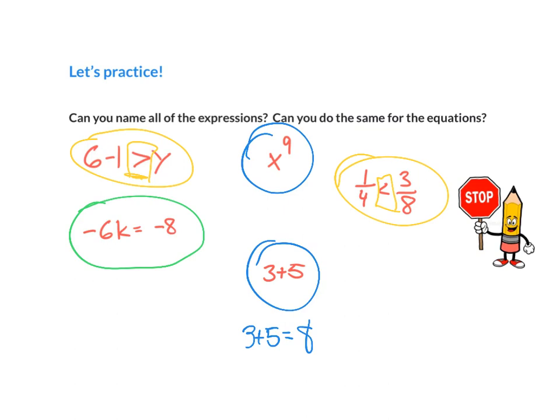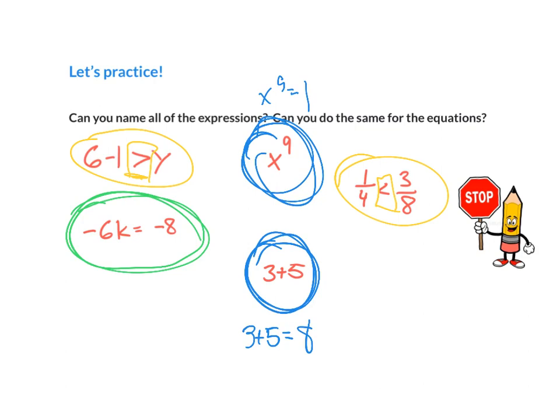Again, we can make x to the 9th an equation, and then we can put a value to that x. But we'll talk more about that and what that looks like in future lessons. But for now, you've got your two expressions, sorry. You've got your one equation, you've got your two inequalities.